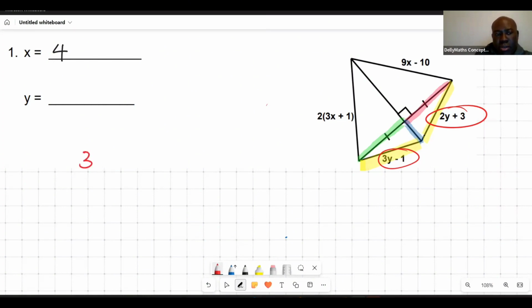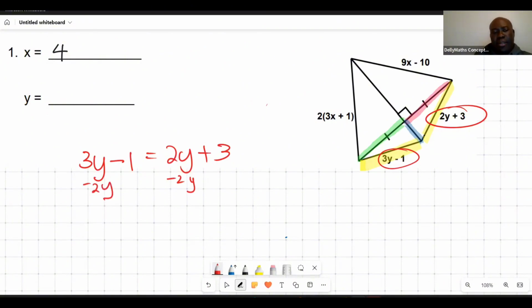I could take 3y - 1 and let it equal 2y + 3. Just a reminder, I could do that because both triangles are congruent, and those are corresponding sides. So I want to take 2y from that side, and I'm going to subtract 2y from the other side.